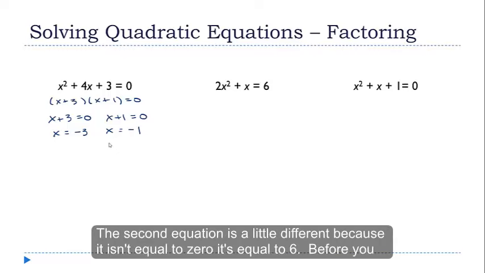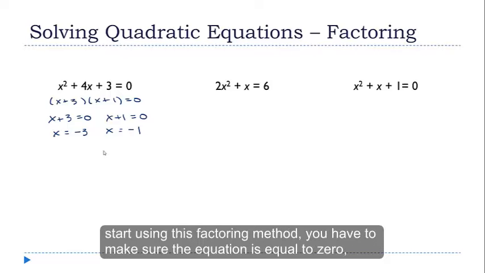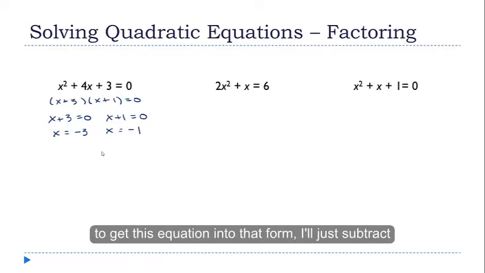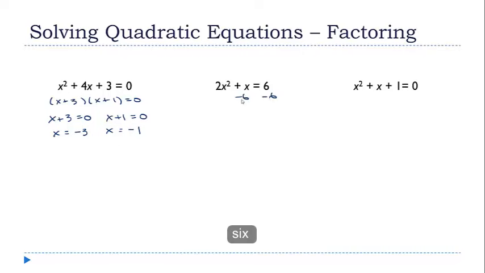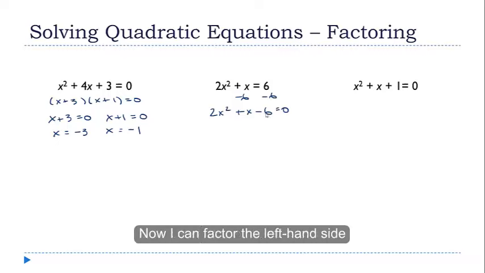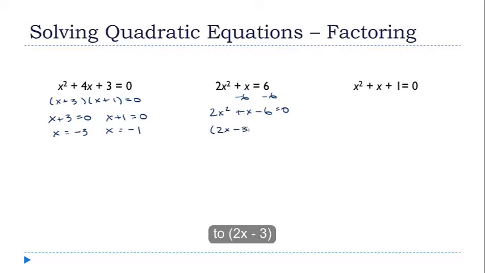Now the second equation is a little different because it isn't equal to 0. It's equal to 6. Now before you start using this factoring method, you have to make sure the equation is equal to 0. To get this equation into that form, I'll just subtract 6 from both sides. Now I can factor the left-hand side to 2x minus 3 times x plus 2.